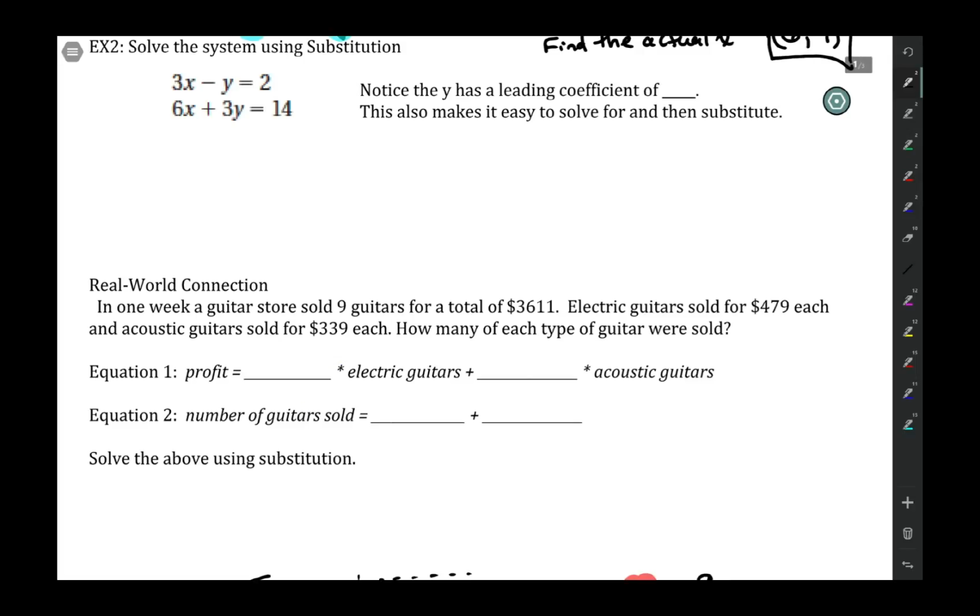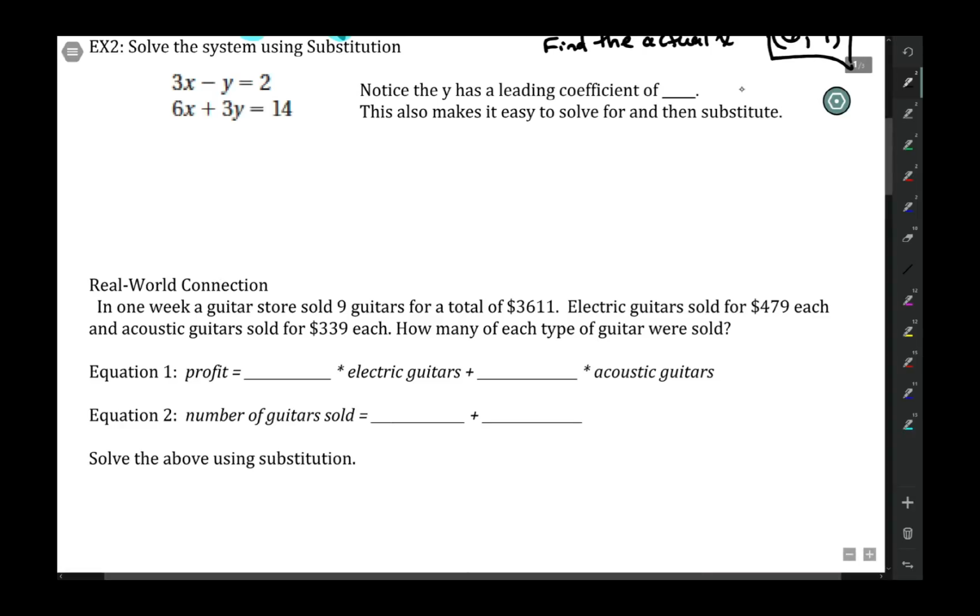Our second example of substitution is a little bit different in that notice that the y actually has a leading coefficient of -1. Doesn't make it too much harder, but again, if you want to solve for y by subtracting 3x, we have -y equals -3x plus 2.